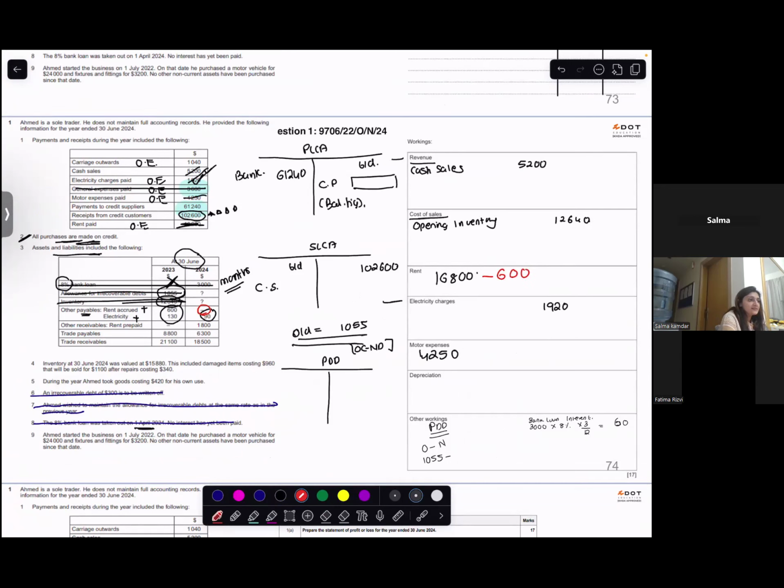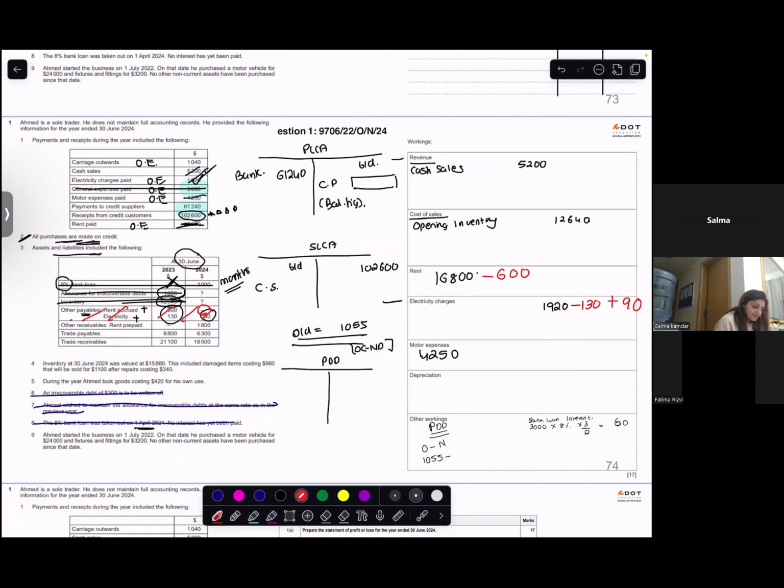Are you with me? Same for electricity. For the previous year should be subtracted and for the current year should be added. With this, I complete this part. Are you with me?